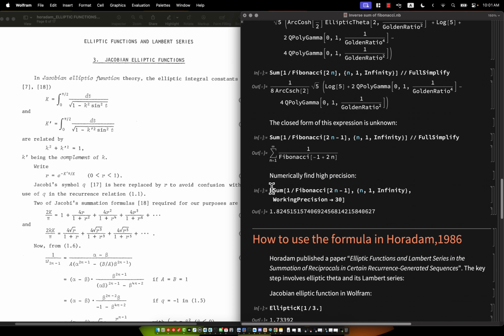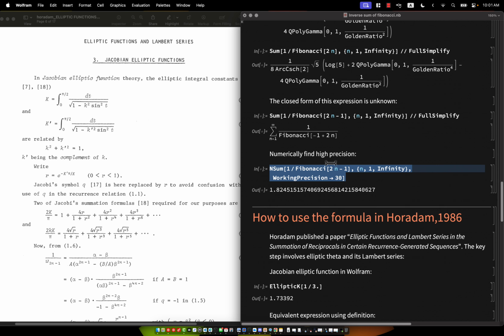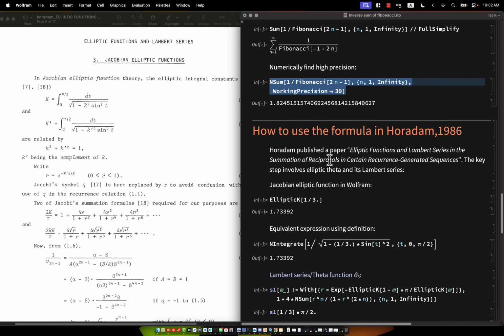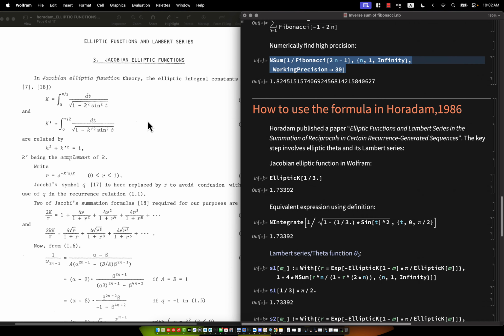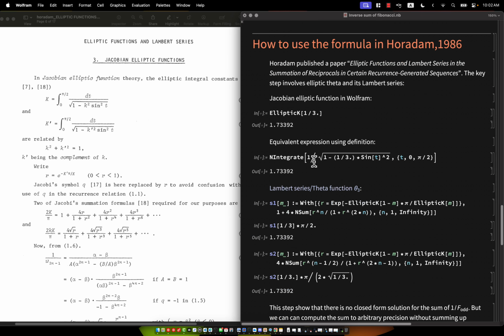Of course we can just use built-in functions to directly compute this sum. But how it's connected to the formulas inside this page, I will give you a quick recap of how to do this after the backgrounds we have so far.